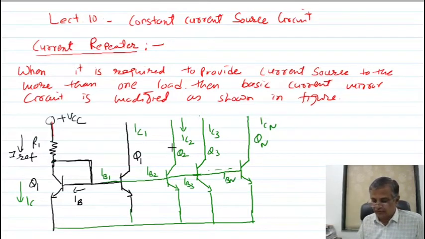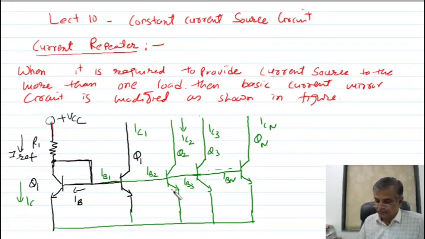So you are having different loads. It is required to provide the current source to more than one load, second load, third load, fourth. So this current is equal. Reason is that all transistors are identical.